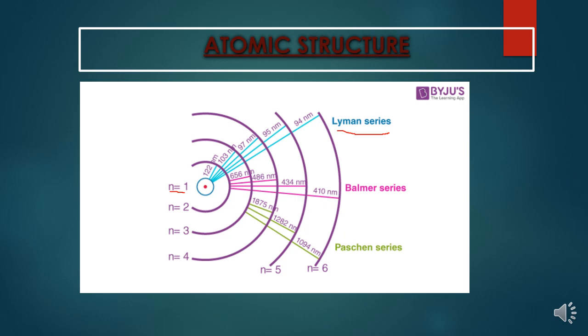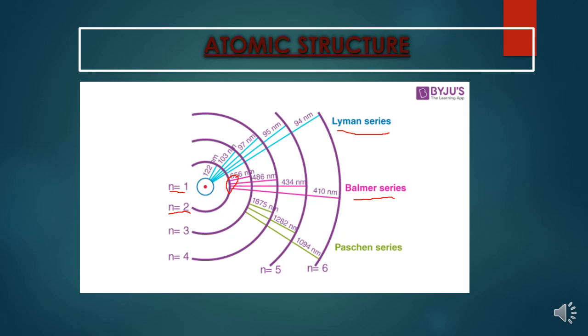And if any electron moves from any higher energy level and lands on the second energy level, n is equal to 2, this movement is known as the Balmer series.